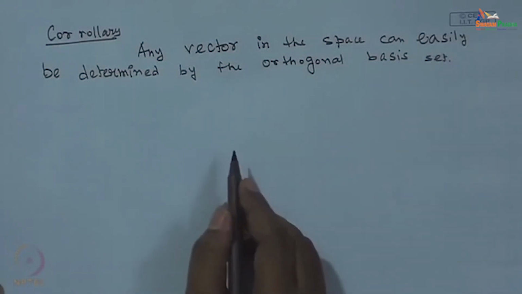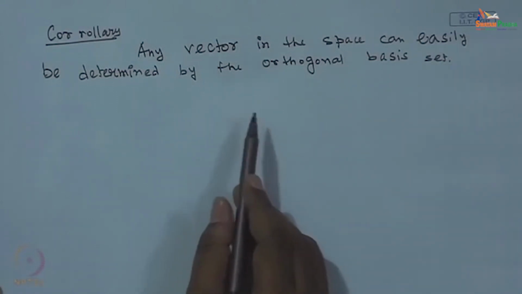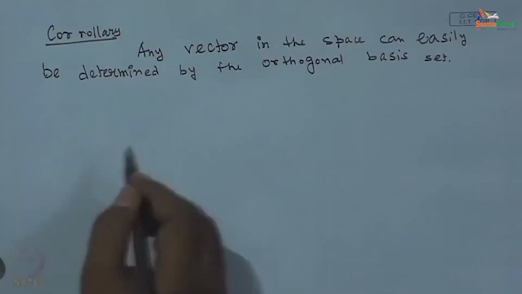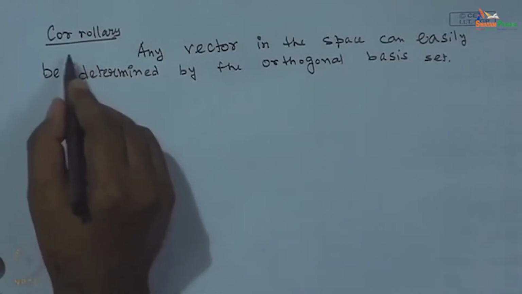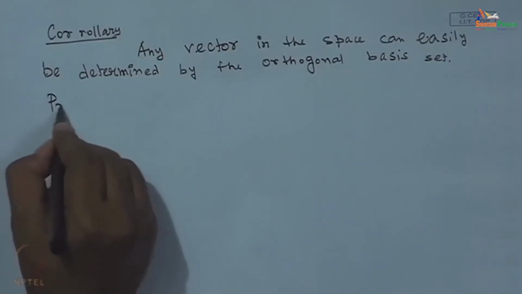Okay. So, if we have any unknown vector in the space, that can be expressed as a linear combination of all these independent set of vectors, which are basically the constituents of the basis set, and if these vectors are orthogonal to each other, then you will be getting advantage of some of the properties, and the whole calculation has been enormously simplified. We will just look into this. So, let us try to prove this corollary or the interpretation.